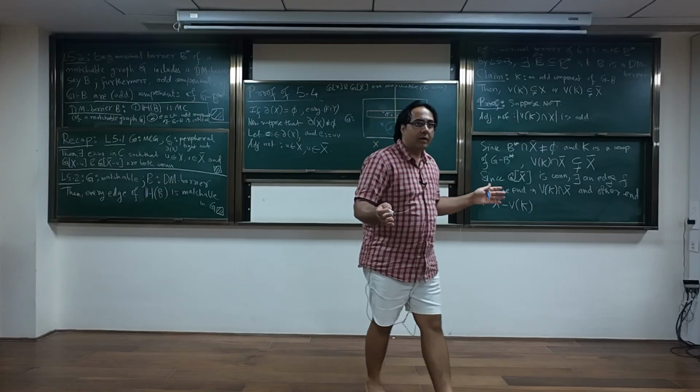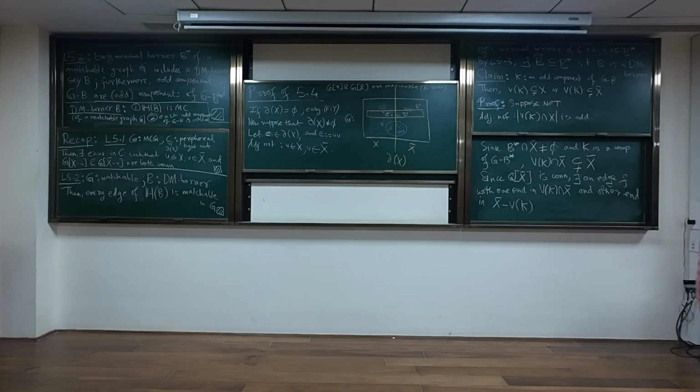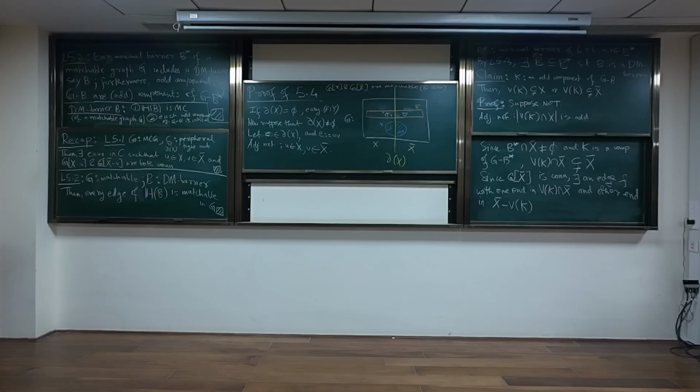Where can it go? If that edge goes from the odd component K to outside, that other vertex also belongs to B star for sure, but it also belongs to B. Because this is an odd component of G minus B, all edges from the odd component can only go into B, since it is a component.